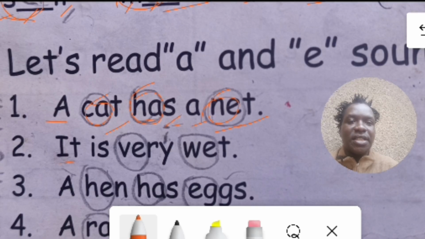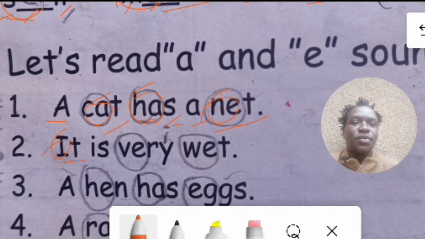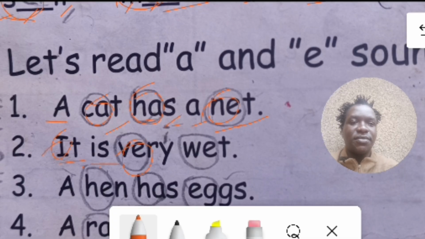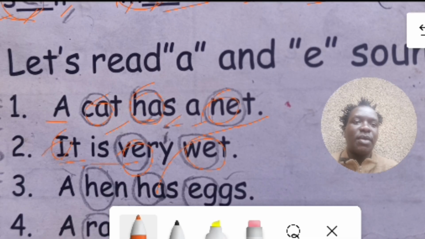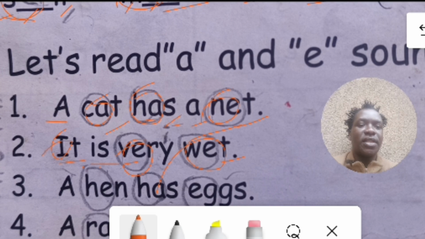And then this one alone is a. Yeah, is, e and e, but this e has t, this e has s. It is ve, this is ve, very wet. Okay, w, a is we, with t it is wet.